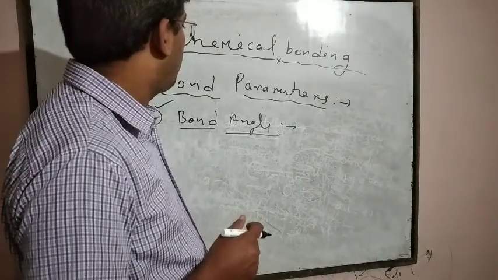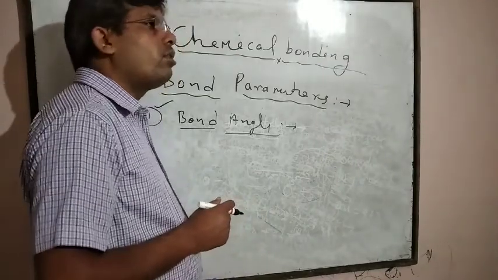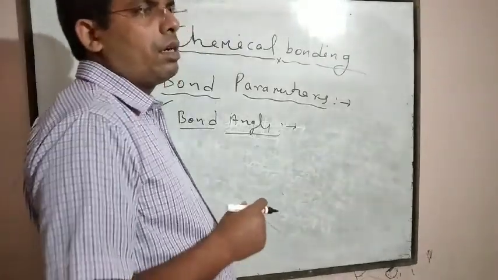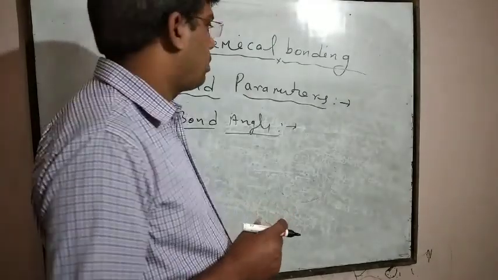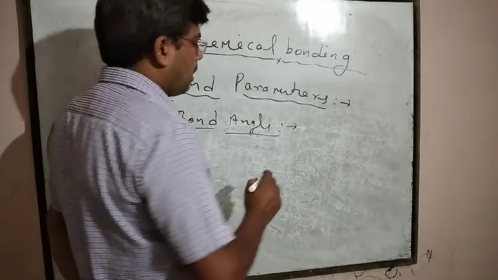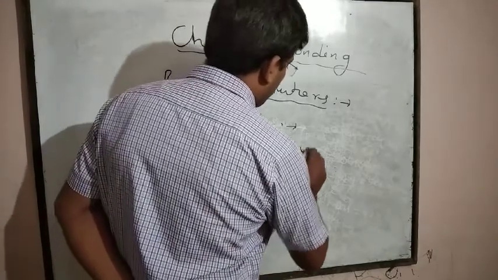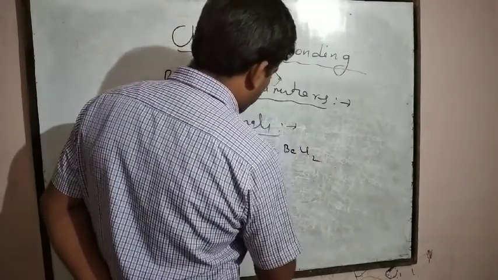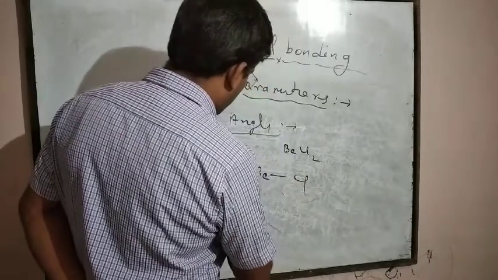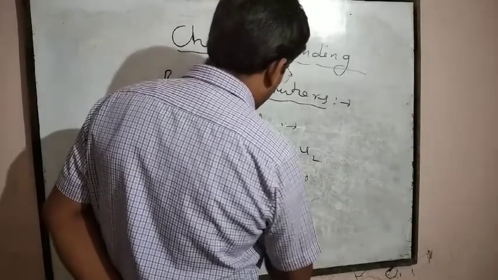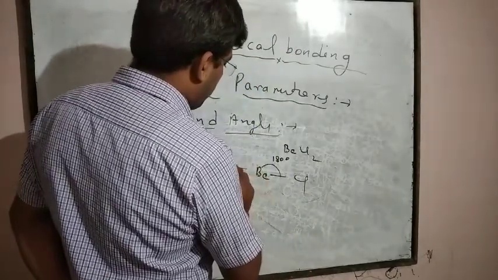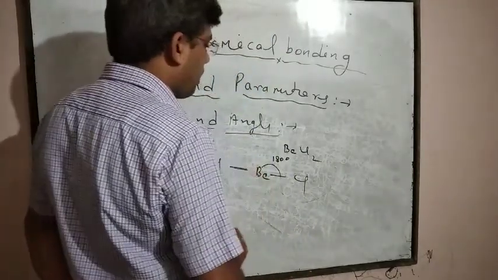Bond angle is the distance between two neighboring bonds. For example, if BeCl2 is taken, this is Cl, Be, Cl, and the bond angle is 180 degrees.